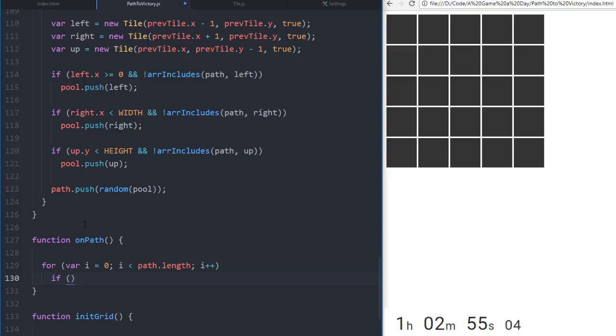I'm not going to worry about the stringify. I'm just going to say if path of i dot x equals steps of i dot x. Well, really it's not path of i, it's steps, my bad. And we can just copy this and paste it in. Okay. There.